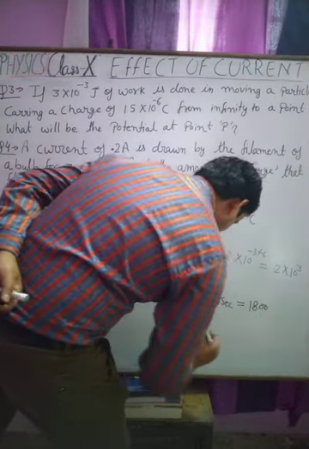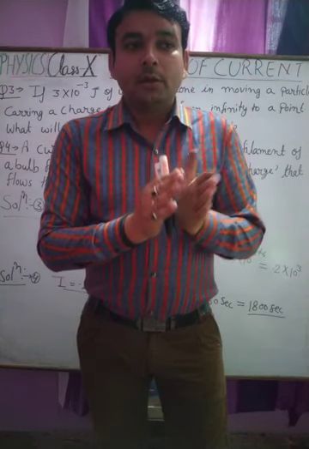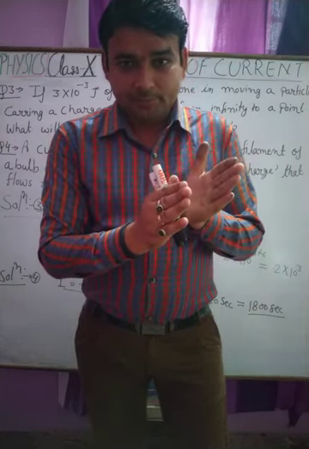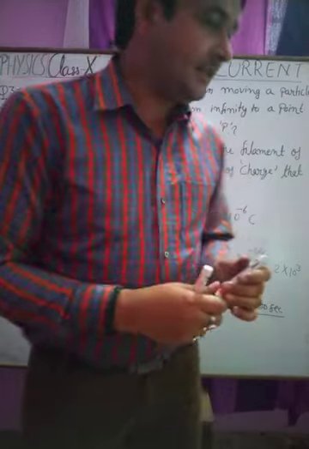So we have the value of charge. By definition, electric current is defined as the charge passing through the unit cross section in unit time.